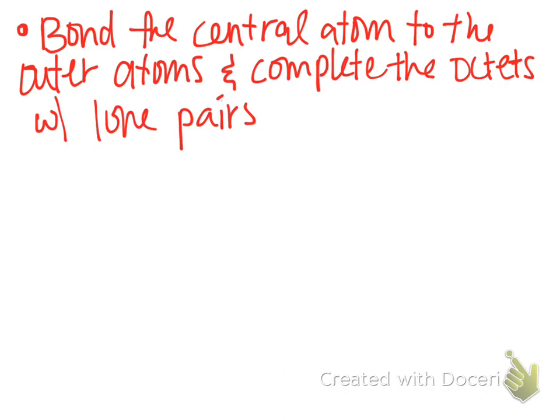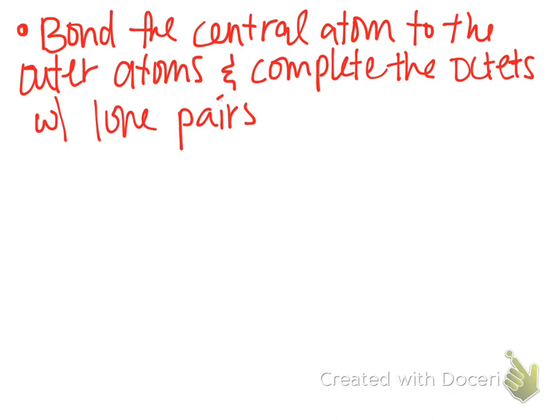This last step sounds simple, but it can be very complex. We might have to use multiple bonds. We might have to use lone pairs. There's going to be a lot of different things that could happen in this third step. The thing I like about Lewis structures is that there's usually only 1 answer, and you can always check yourself by counting your valence electrons.